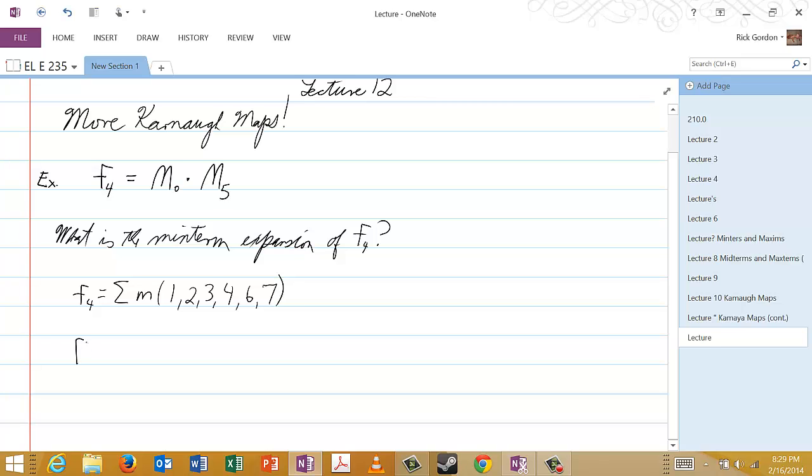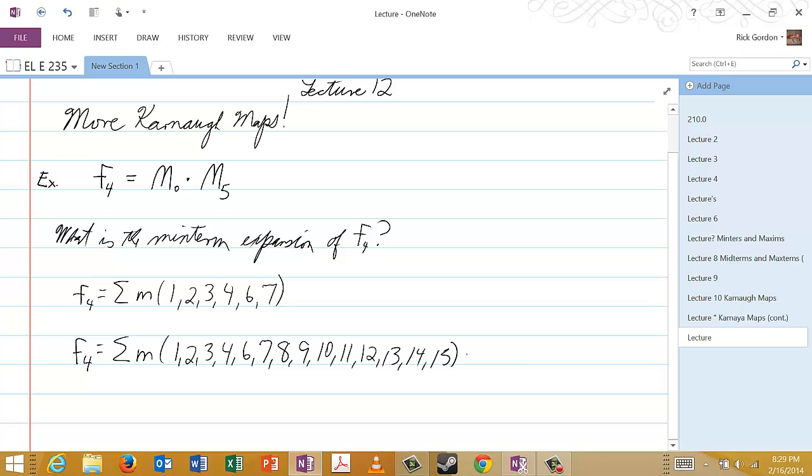But another person may say that the correct answer is that the minterm expansion of F4 is 1, 2, 3, 4, 6, 7, 8, 9, 10, 11, 12, 13, 14, and 15.